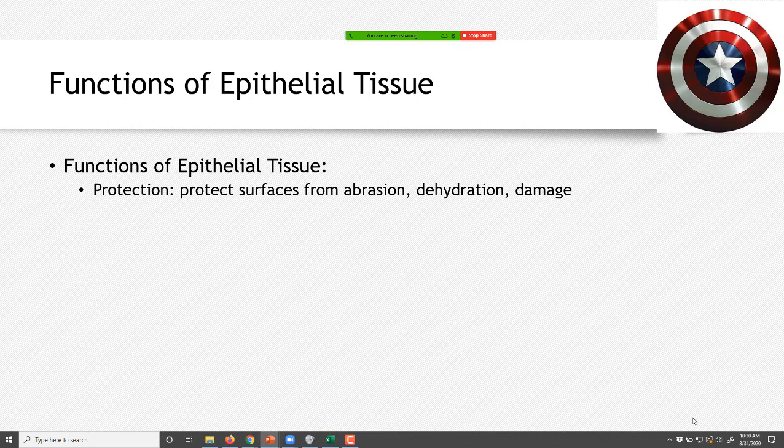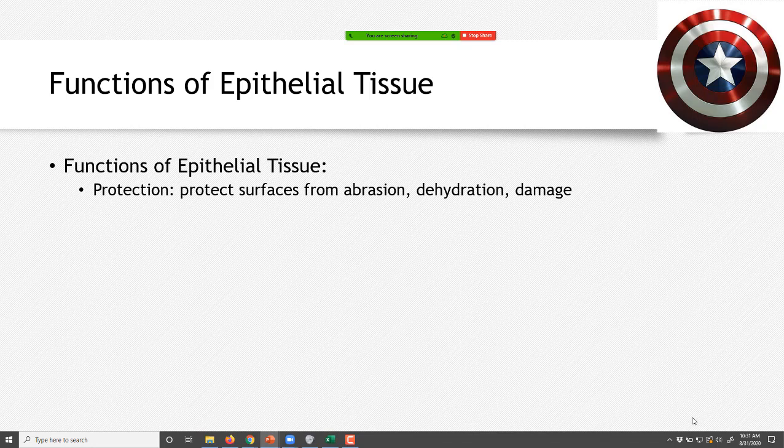Okay. So with protection, it protects our surface. Abrasion is when you end up rubbing against something. If you rub against something, the epithelial tissue will try to protect it. Even if you cause abrasion, it will just take off the surface layers and still have some layers underneath it. It also prevents dehydration.